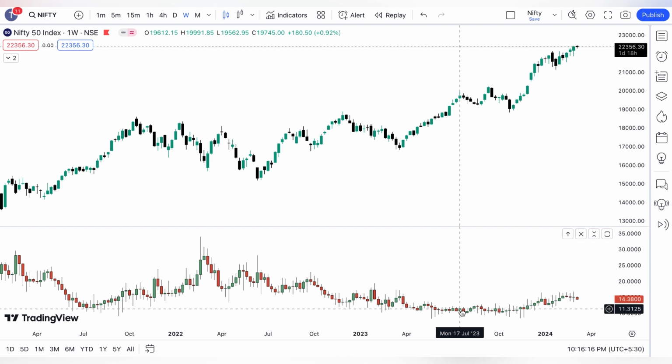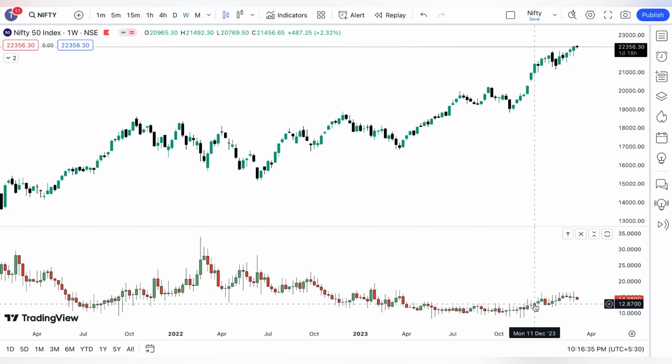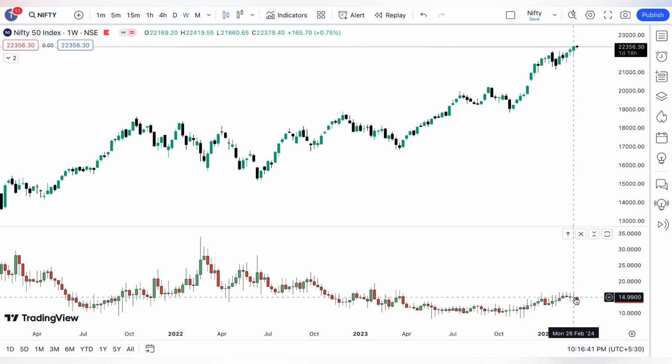That was one high that Nifty made. After that, another high was made where the India VIX reduced. What that means is the volatility of the broader markets reduced, and once again we made a high on this candle where India VIX reached 13, and now when we are making new highs here, we have reached closer to the levels of 15.